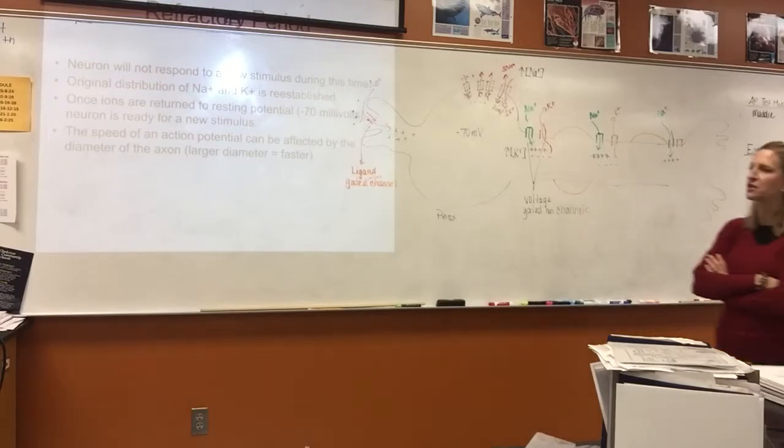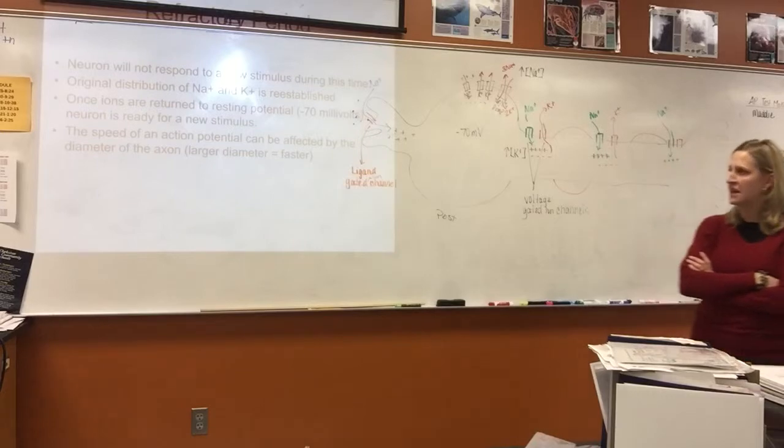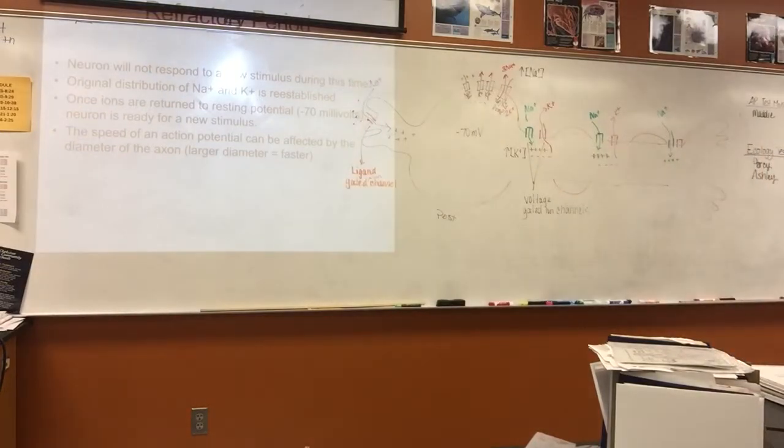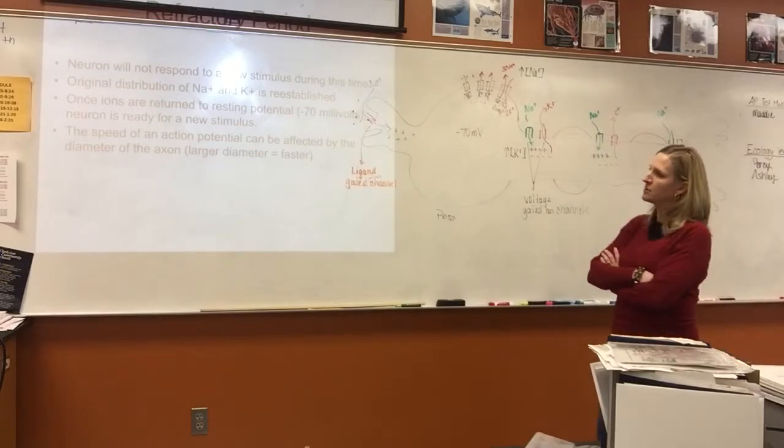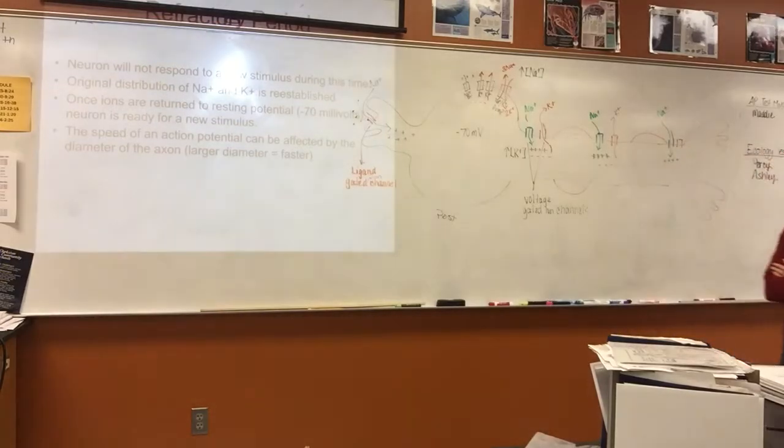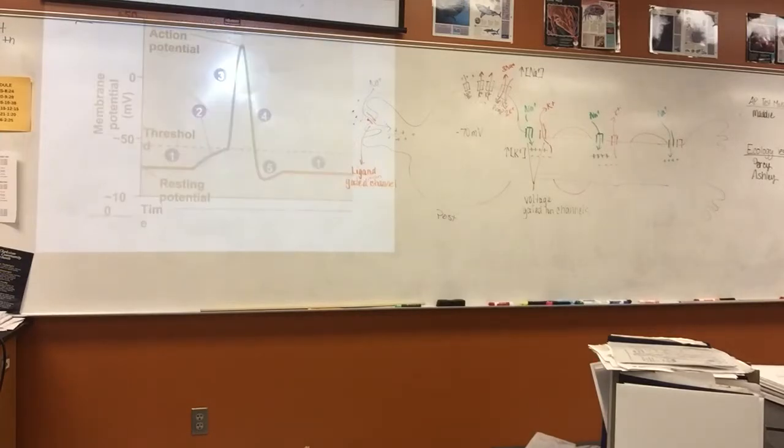Once ions are returned to the resting potential at -70, the neuron is ready for a new stimulus. We're also going to talk a little bit about how the speed of the action potential is affected by the diameter. The larger the diameter, the faster the speed of the impulse.